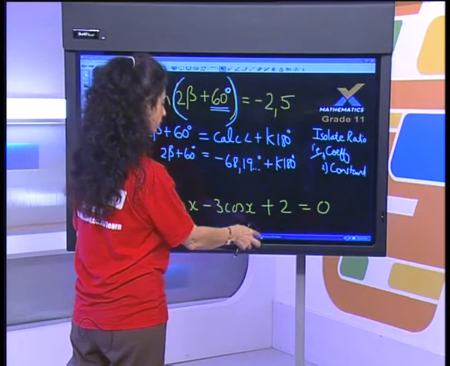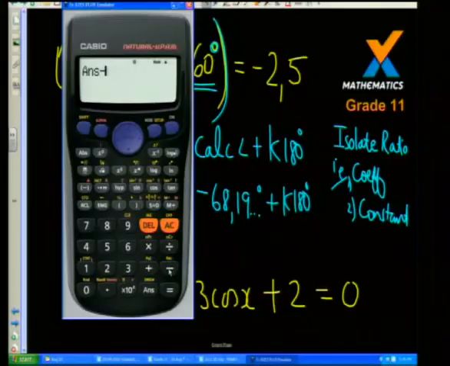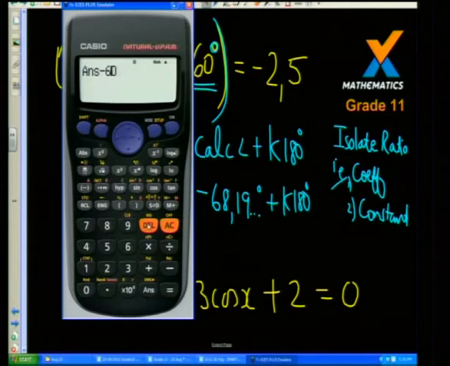So let's minus 60 from there. And let's see what we get. There's minus 60, and we're going to divide by 2. We get negative 64,09. And remember, I said to you, round off to 1 if it's an angle, unless otherwise instructed. So we're going to round off to 1. So that would be negative 64,1.